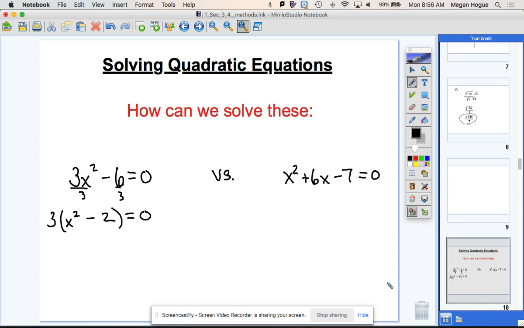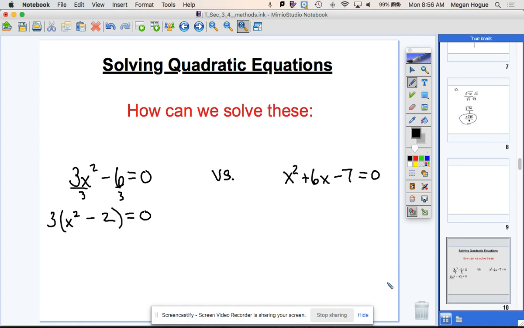Does that factor? Or no. So the only way binomials factor is it has to be a difference of square numbers. Two's not.